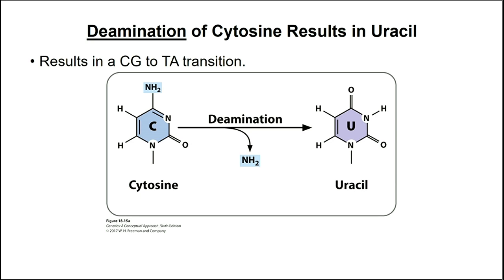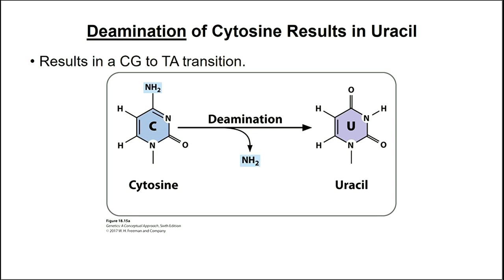So again, if we don't fix that, normally across from a C in replication we would put a G. But if the C has been changed to a U, across from a U, we are going to put an A. So instead of the CG base pair, we're going to have a UA base pair, which after 2 rounds of replication will become a TA base pair. So again, after 2 rounds of replication, you would have a completely different base pair.